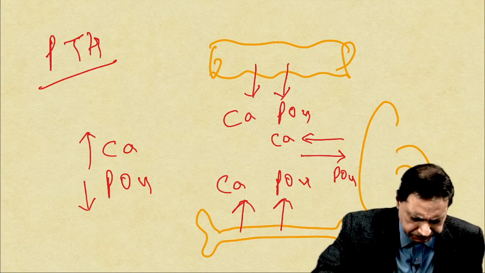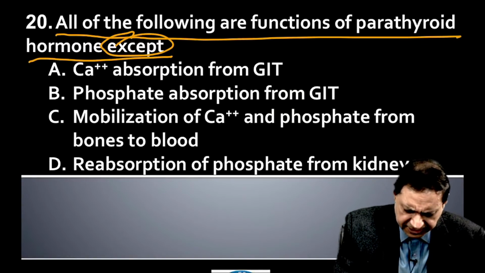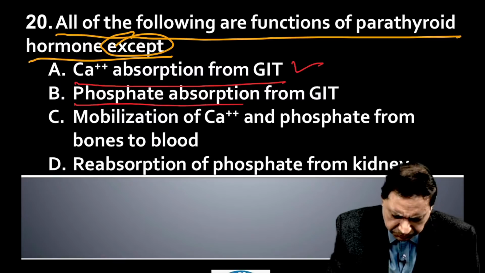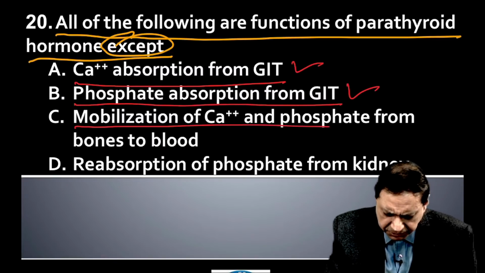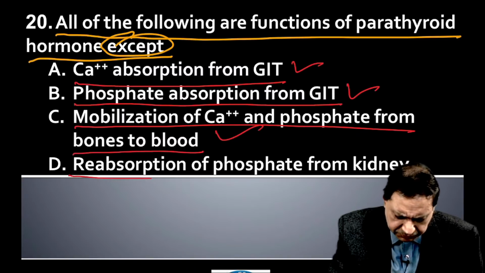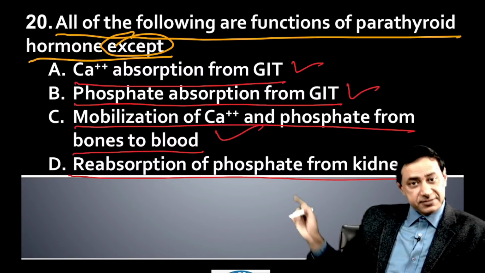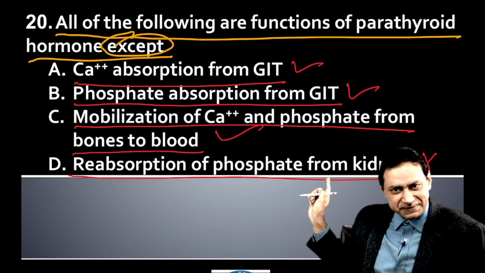Okay? So see this. Calcium absorption from GIT, fine. Phosphate absorption from GIT, fine. Mobilization of calcium and phosphate from bones to blood, fine. Reabsorption of phosphate from kidney, no. Excretion of phosphate from kidney. This is the specific thing related to PTH.